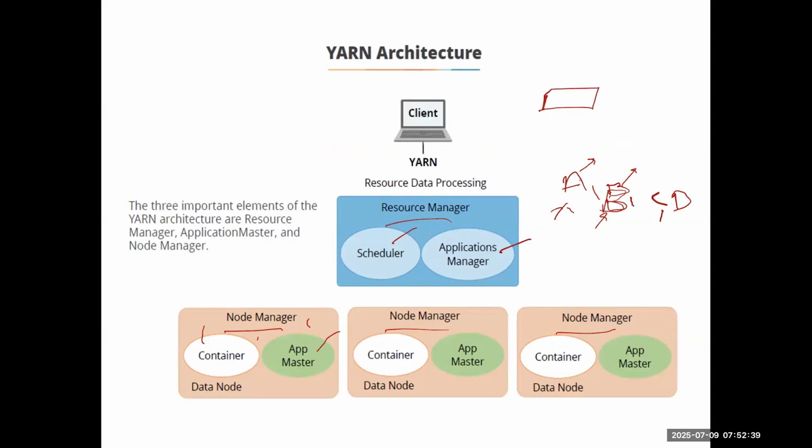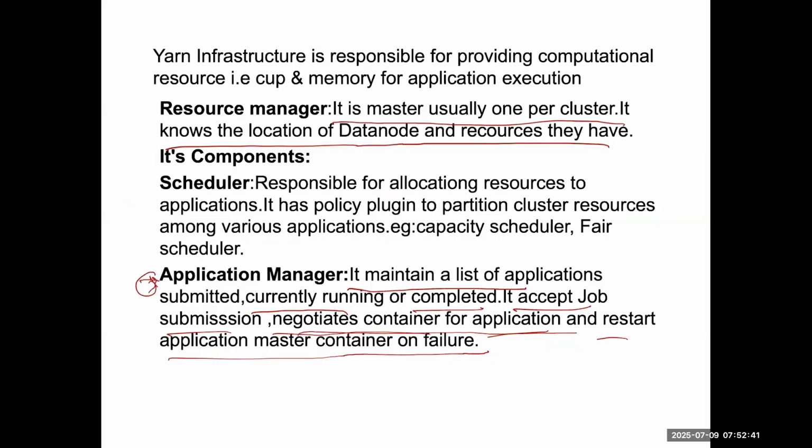See, the scheduler is responsible for allocating resources to the applications. It has policy plugins, like the capacity scheduler and the fair scheduler, which decide on what basis the resources are divided.